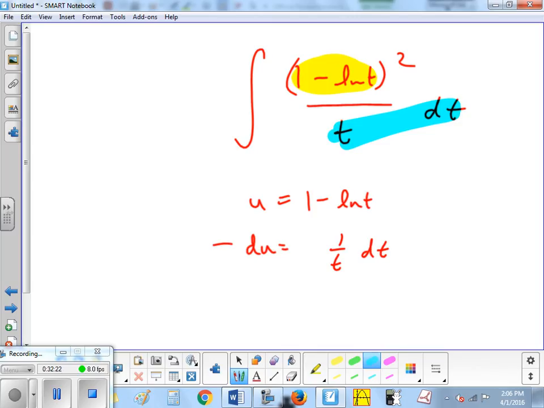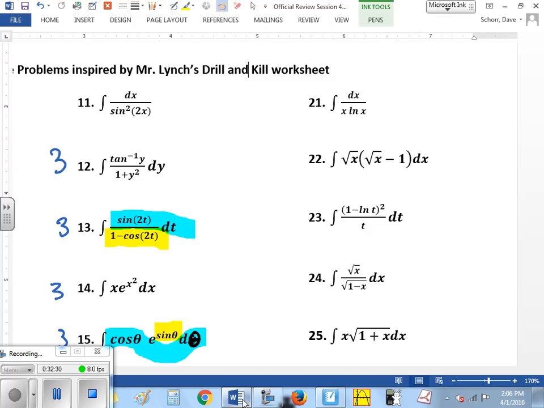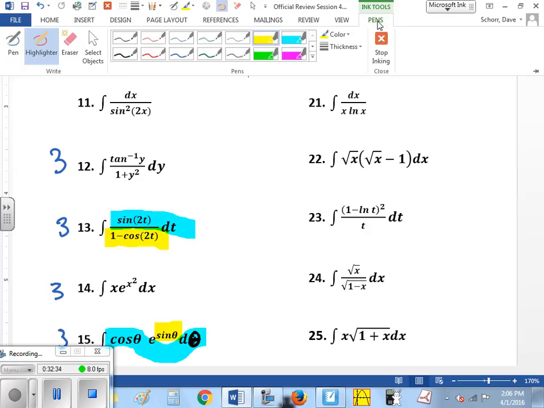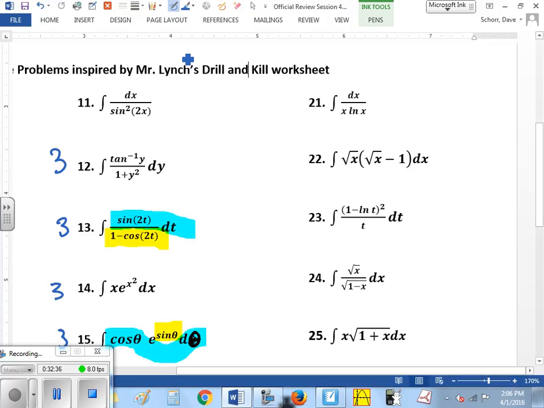Let me ask you a quick what-if question here. Suppose that Mr. Shore had done this problem. I kind of wish I'd done it now. Suppose that this was not a 1, but a t. So we're still looking at 23, but I put a t minus ln t there.